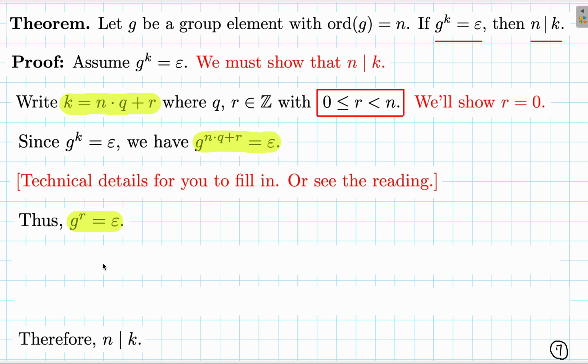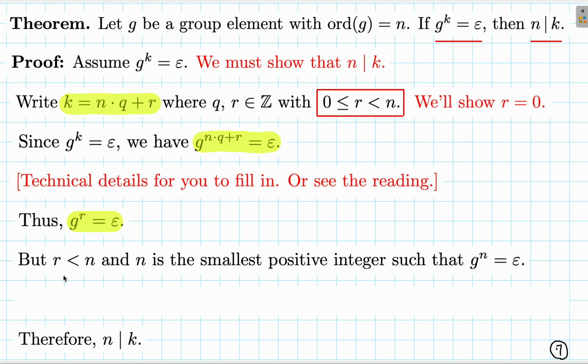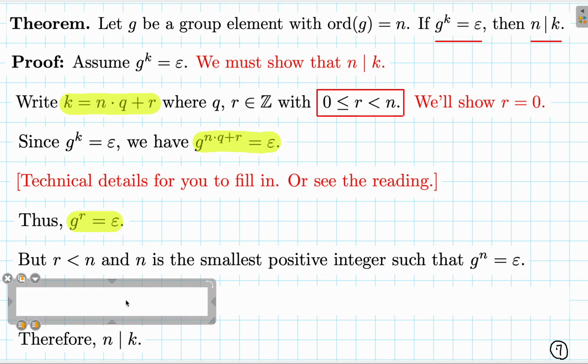What can we say? Well, we know that r is less than n because r is the remainder. But we also know that n is the order of G. In other words, n is the smallest positive integer such that G to the n is the identity. Well, how's that possible?